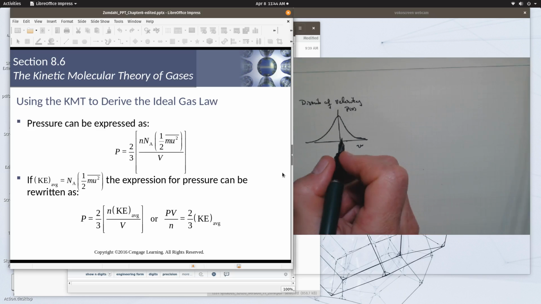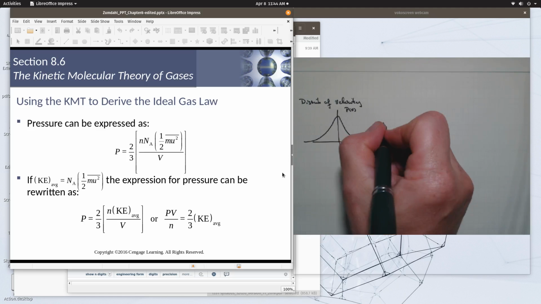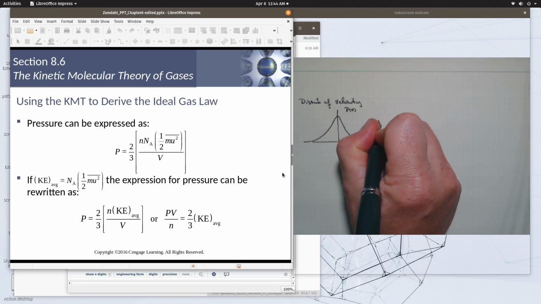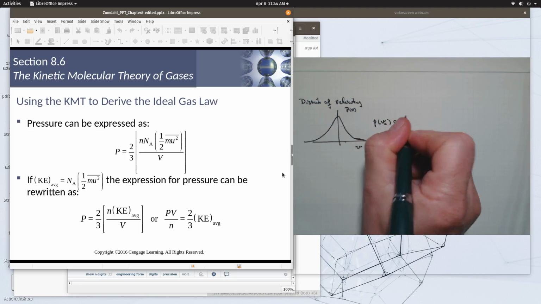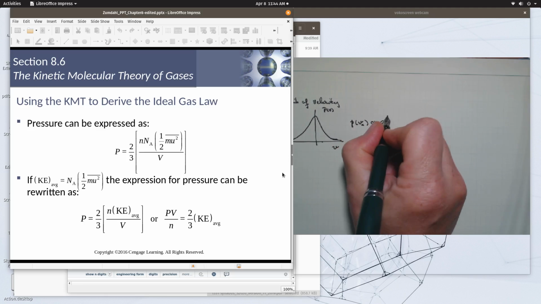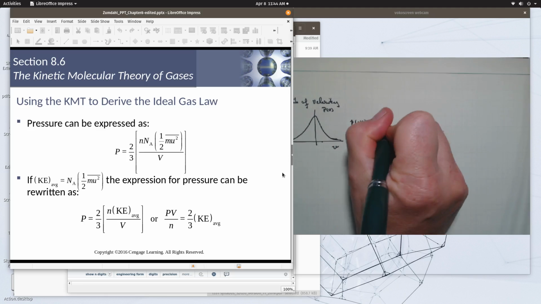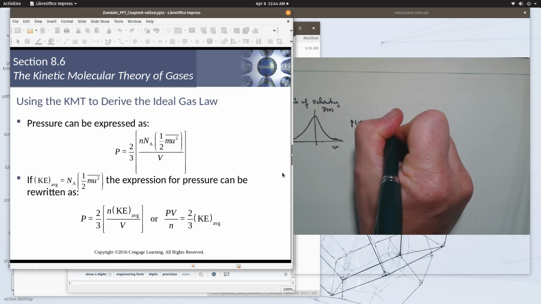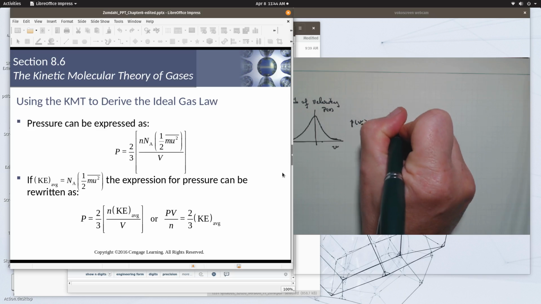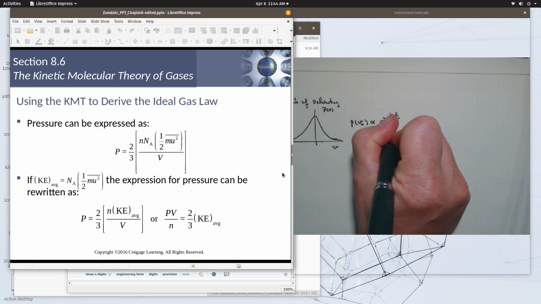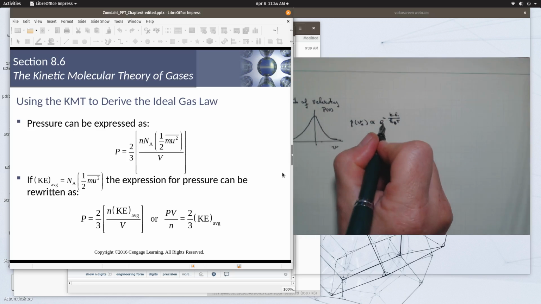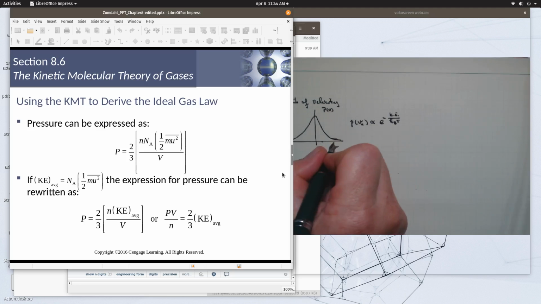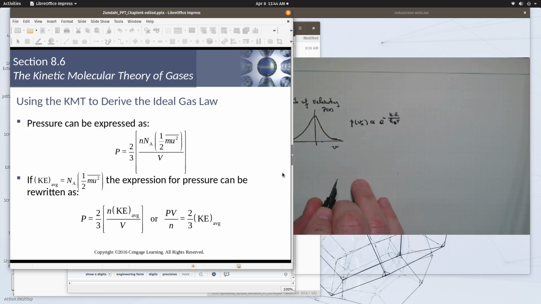I'm going to write this in the following way: the probability of moving with velocity in the x direction is going to be proportional to e to the minus the kinetic energy divided by the Boltzmann constant times T. There's a proportionality constant that's necessary so that the area underneath all of this is equal to 1.